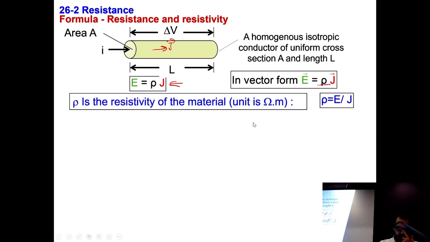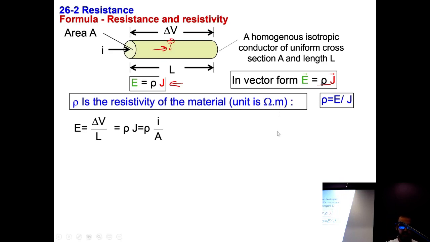The resistivity of a metal is in units of ohm meter. It depends on the metal. From one metal to another, they have different resistivity, and the resistivity is equal to the electric field divided by the current density. Remember, when we studied uniform electric field, let's assume here we establish a uniform electric field in this conductor.